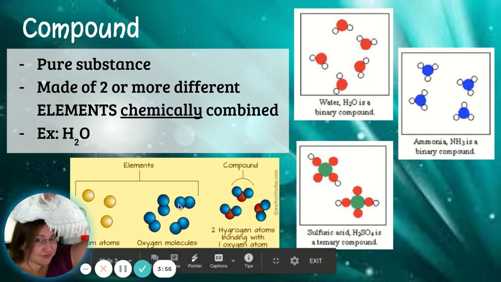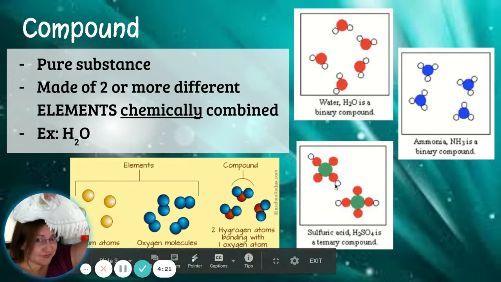So we had oxygen here, and those were 2 oxygens bonded together that were indicating that it was diatomic. And with this compound, we have 2 hydrogen atoms and 1 oxygen atom. And because we have 2 different elements present, that indicates that it's now showing us a compound. It's showing us a substance that has taken on different properties when it combined.